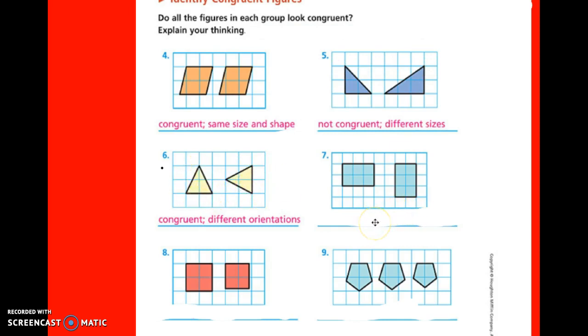How about this one? Are these ones congruent? Yes or no? If you said yes, you are right on. They're the same size, same shape, they've just been rotated a different direction. Okay.